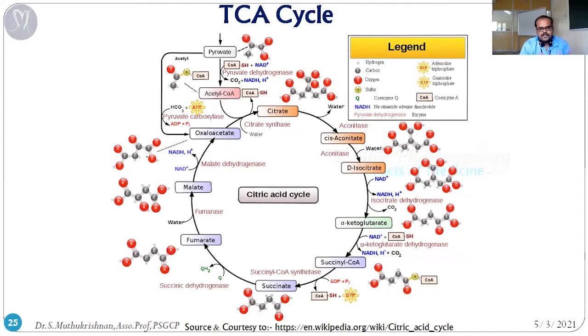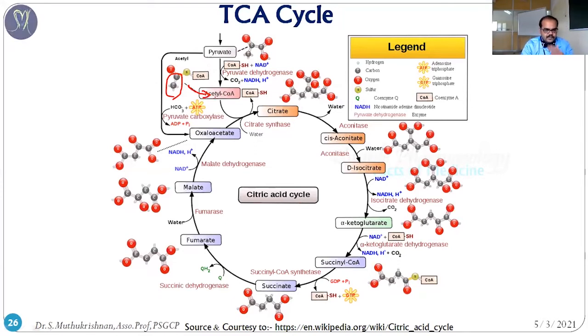You can see here, this is a conjoined picture, with the structures and names mentioned. This is pyruvate, then acetyl CoA, a 2-carbon molecule. The pyruvate is converted into acetyl CoA. Then this acetyl CoA is ready to enter the TCA cycle.